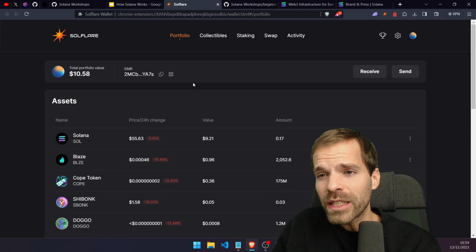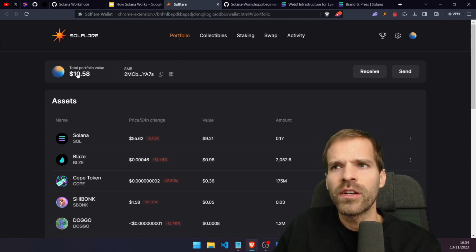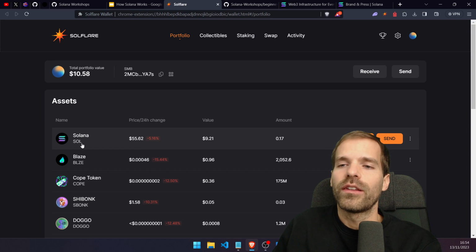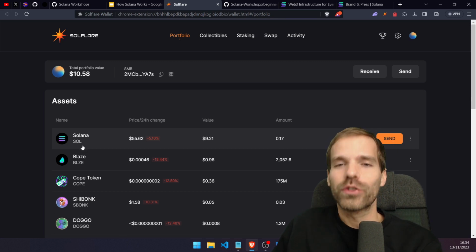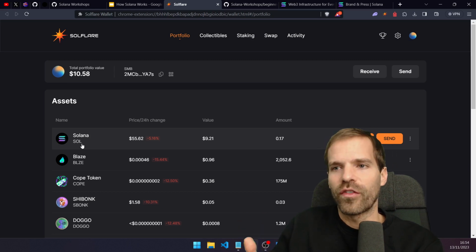Anyway, so a wallet is what holds the user's funds, right? For instance, here on this one, I have a bit of Sol, a tiny amount of Solana. No, it's Sol, it's not Solana. Don't say it's Solana, it's Sol. Sol is the native token of Solana, denoted, by the way, in lamports, which is a billionth of a Sol.